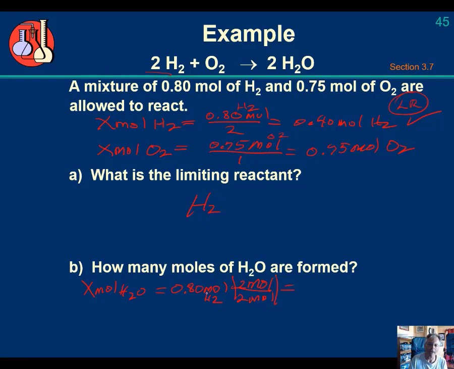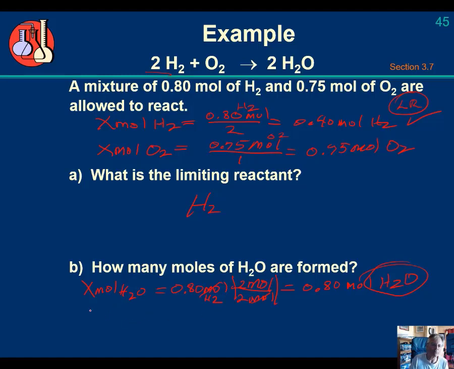When I do the math, moles of H2 will cancel. That's going to give me moles of water. So 0.8 times 2 divided by 2 is 0.80 moles of H2O. And that's all the water I can make, because my H2 is going to run out before I get to any more than 0.80 moles of water.